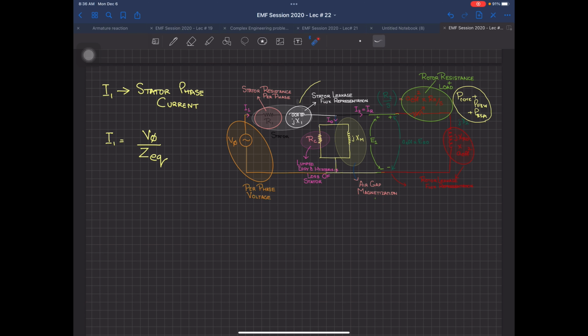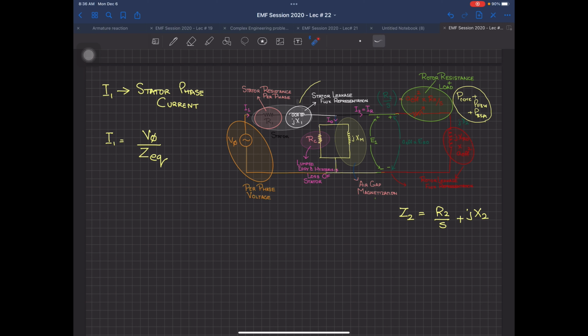Since JX2 and R2 by S are in series, I can call Z2 equal to R2 by S plus JX2. So this Z2 is the impedance in series. And then I have RC and JXM in parallel, and they are also in parallel with this Z2. The book has given us one formula over there.